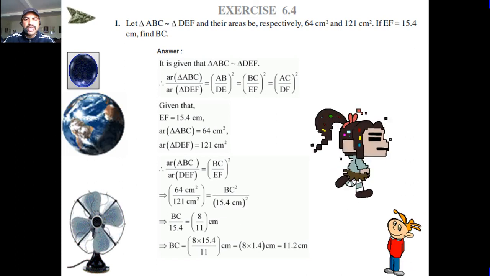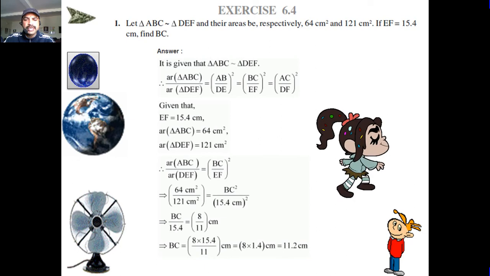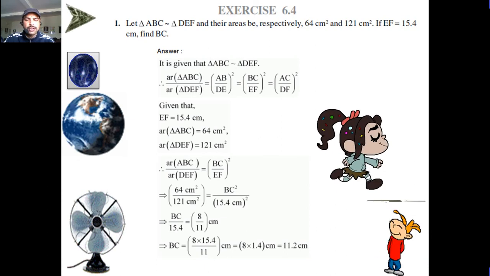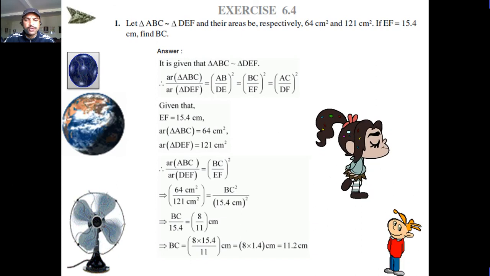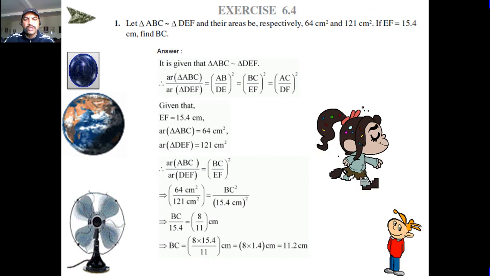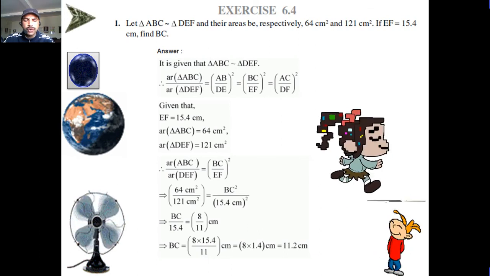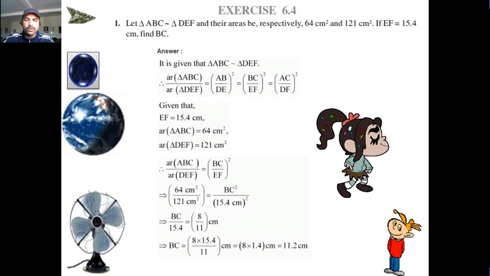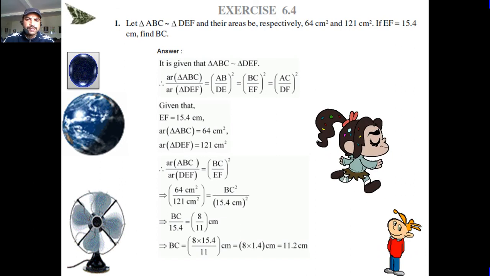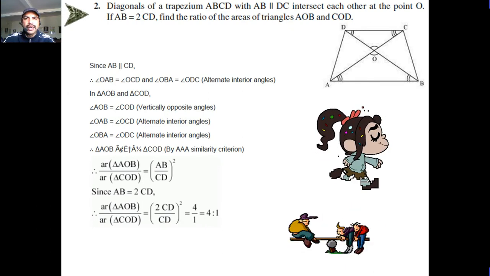Area of ABC upon area of DEF is equal to BC upon EF whole square, that implies 64 upon 121 is equal to BC square upon 15.4 centimeter square. BC upon 15.4 is equal to 8 upon 11. BC is equal to 8 into 15.4 upon 11 centimeter, that is equal to 8 into 1.4 centimeter, which is equal to 11.2 centimeter.